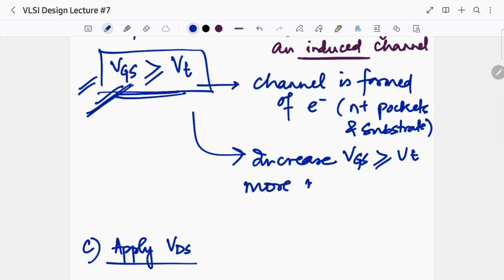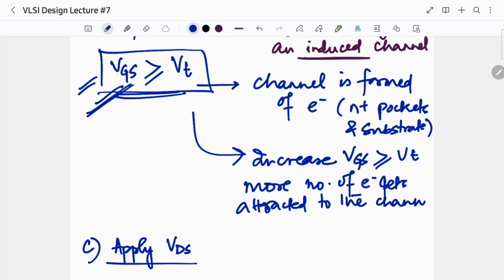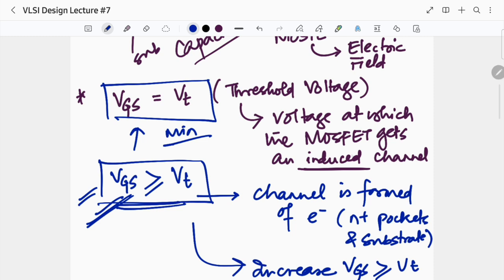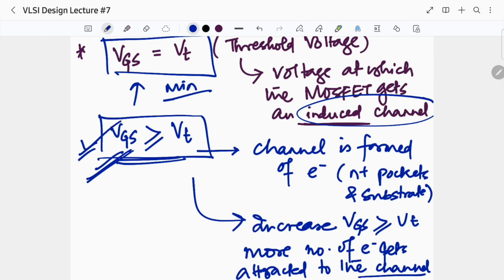More electrons get attracted to the channel, and hence we can say that the channel has become strong. So this one just gets me the induced channel, VGS equals VT, and if we maintain this condition of VGS greater than or equal to VT, we will get a strong channel.